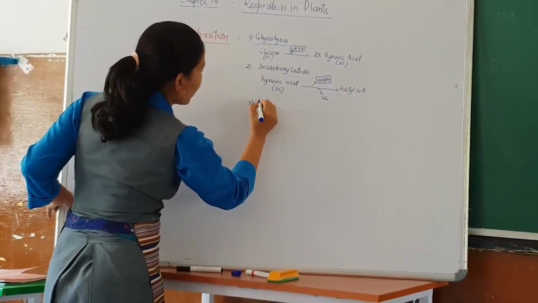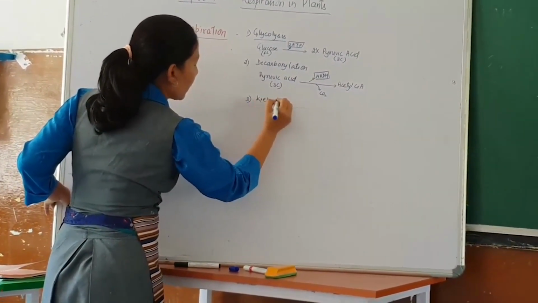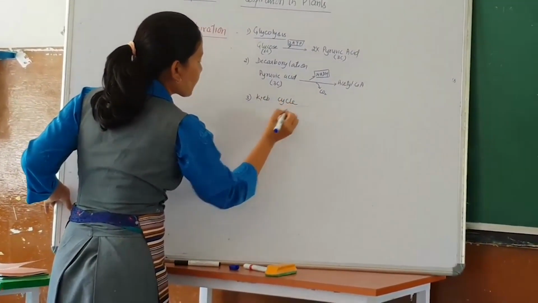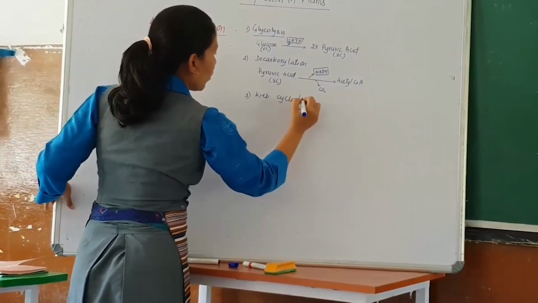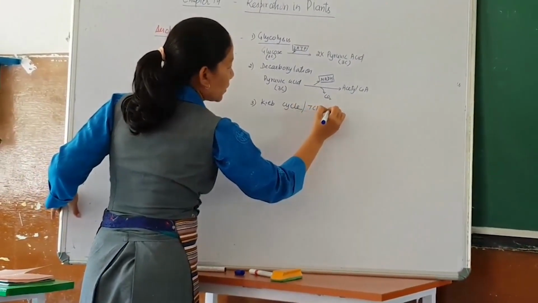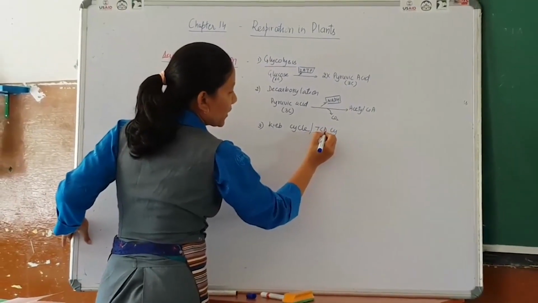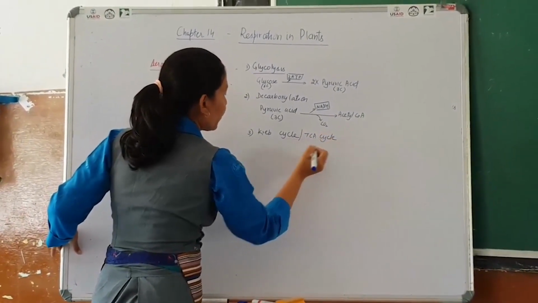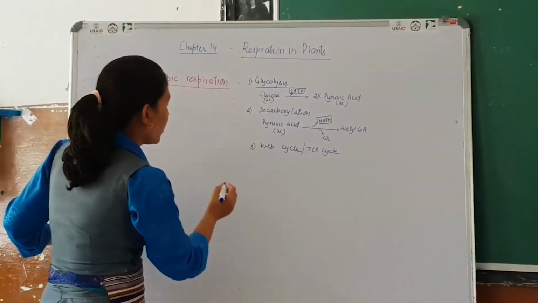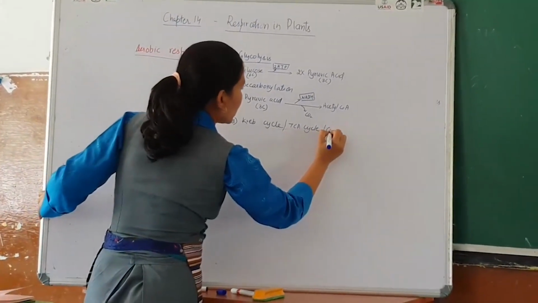Next is the Krebs cycle. So Krebs cycle or TCA, tricarboxylic acid cycle, or citric acid cycle.